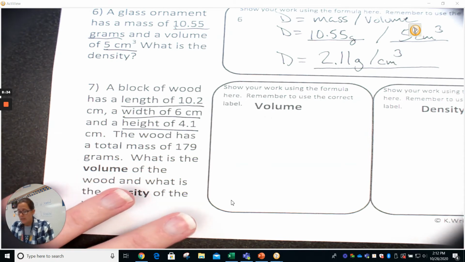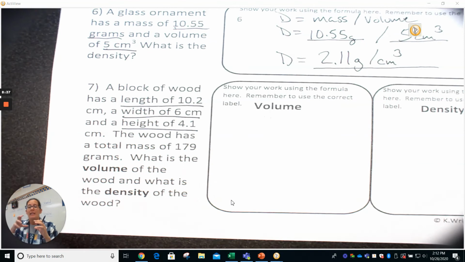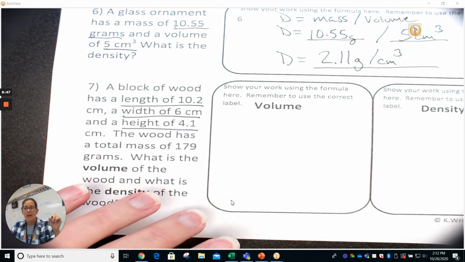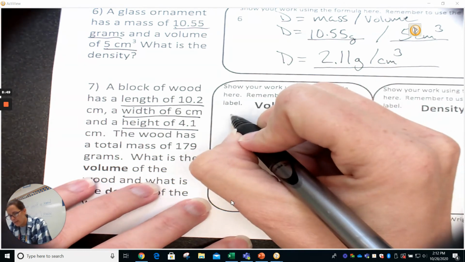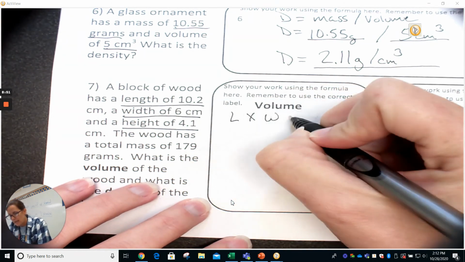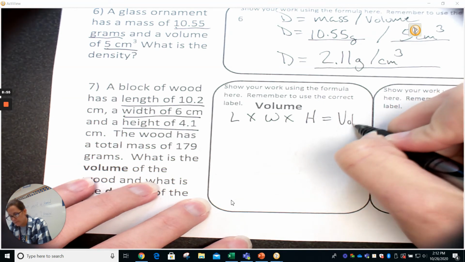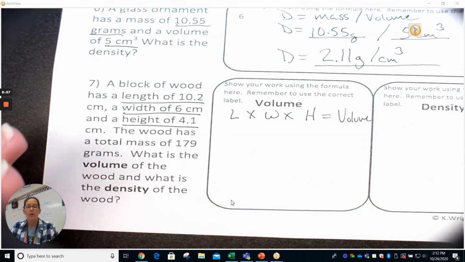So if we wanted to find the volume of a cube or a block of something that has even sides on it, we would do length times width times height. So I'm going to put that here, length times width times height equals your volume of a cube or a block.